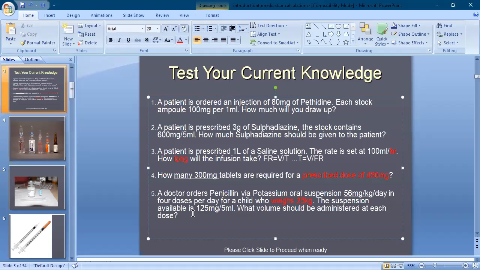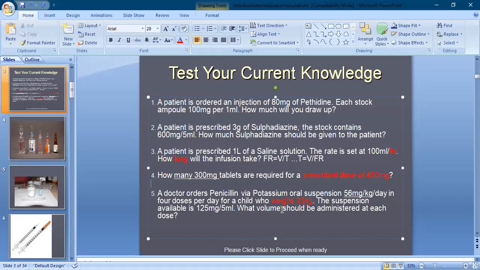The suspension available: this is the total 1400 we need as prescribed medication, and available is 125 with volume 5, right? So total prescribed medication divided by the medication in our hand, multiplied by the volume.